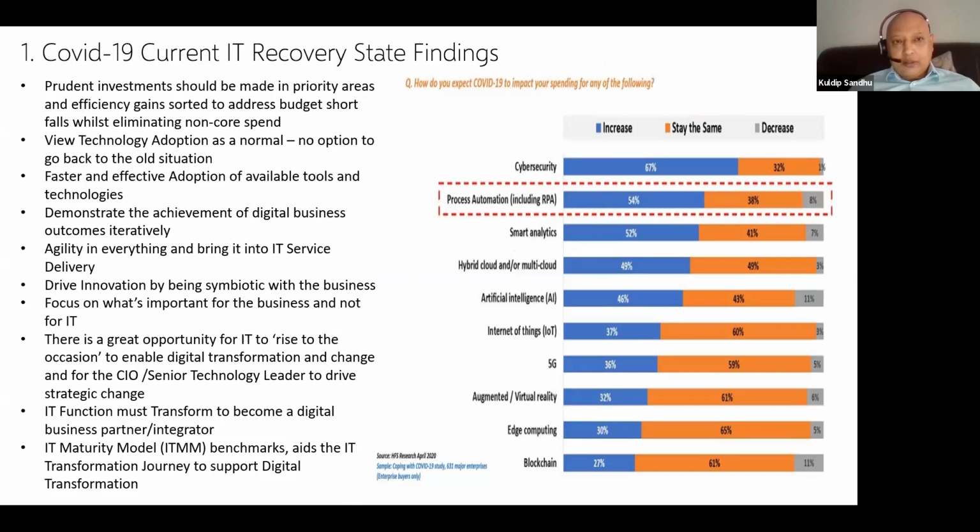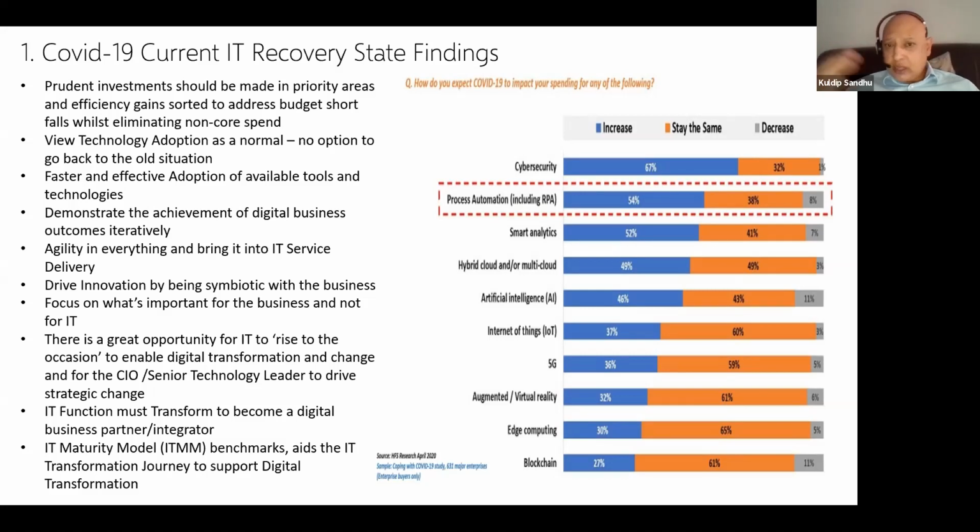I think one of the things is going to be the need to ensure that prudent investments in technology are made, and I think business cases are going to be focused on efficiency gains. As you can see on the right-hand side of this slide, this is a survey that was done just in April this year, just after the pandemic had hit the UK, where CIOs and IT leaders were asked where they think the spend is going to happen.